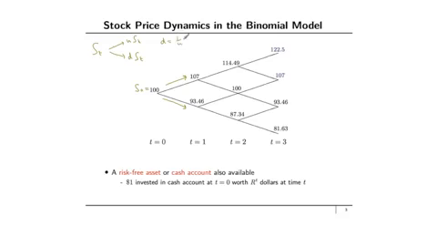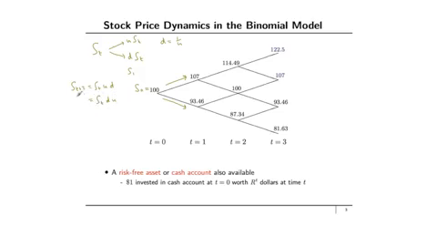What this means, however, is that an up move followed by a down move gives you a price of S_{t+2} equals S_t times U times D. But that, of course, is equal to S_t times D times U, which is a down move followed by an up move.